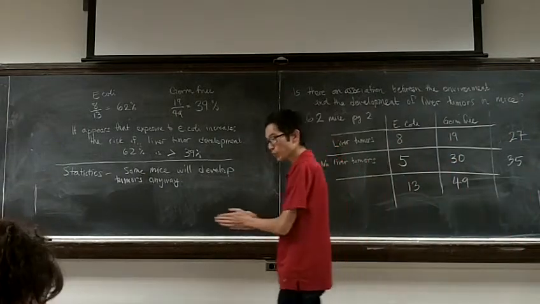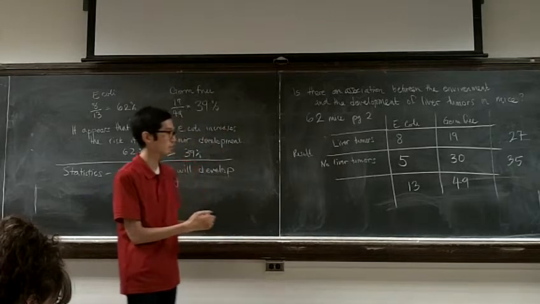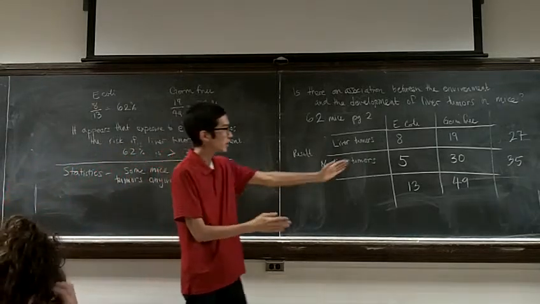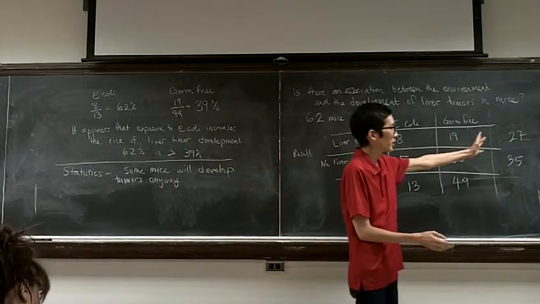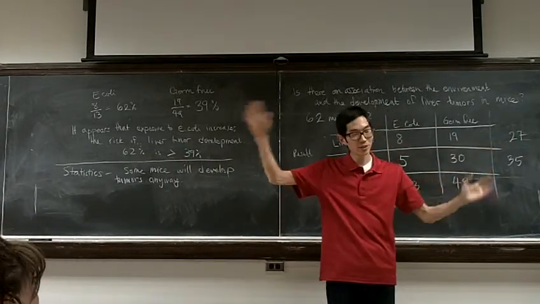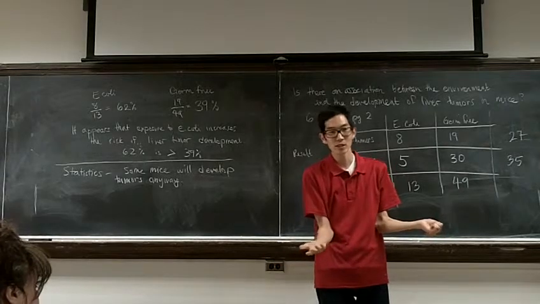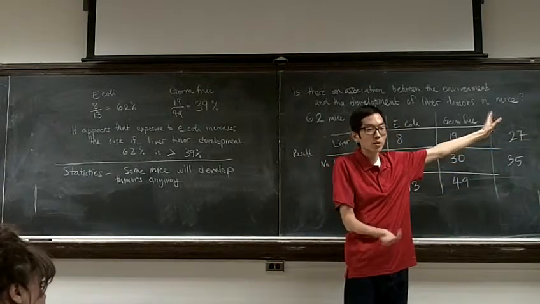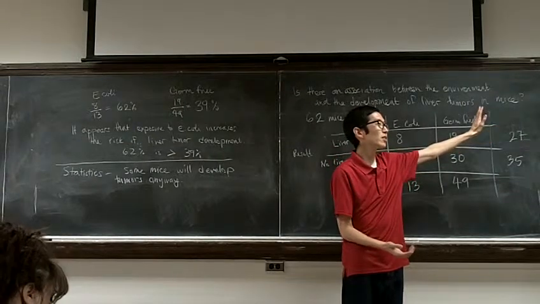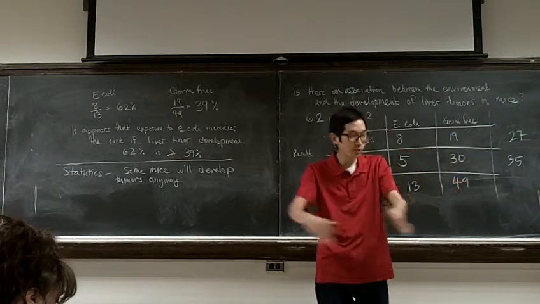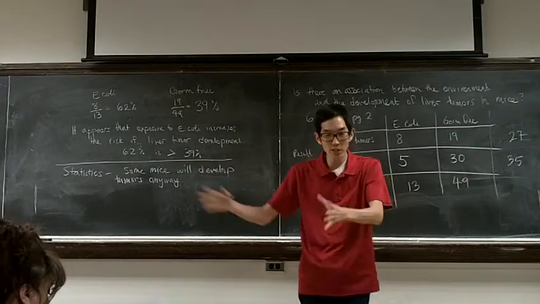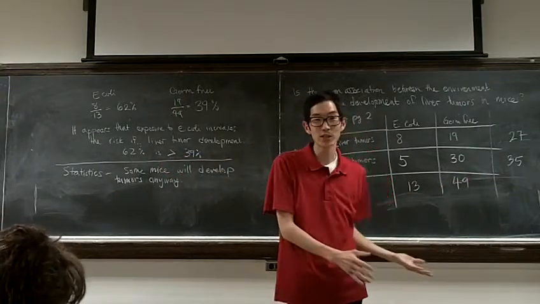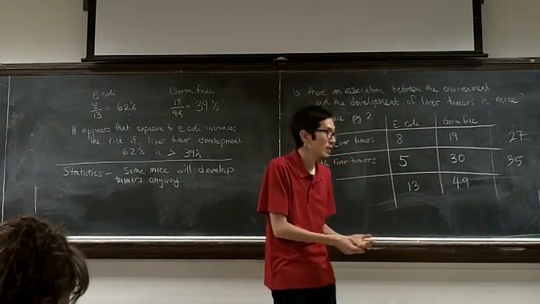So we could imagine, let's say at the beginning of the experiment, we could freeze time and enter a parallel universe, and let's say somehow we knew that 27 of these mice... So let's say we entered a parallel universe, we got 62 mice again, and we know already that 27 of these mice are going to develop liver tumors and 35 will not, okay?